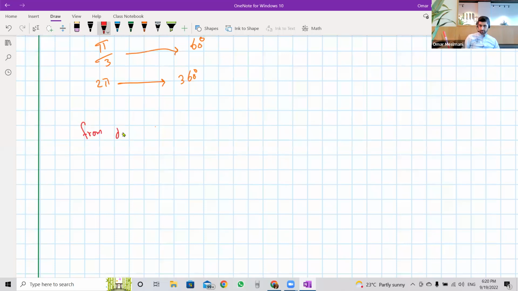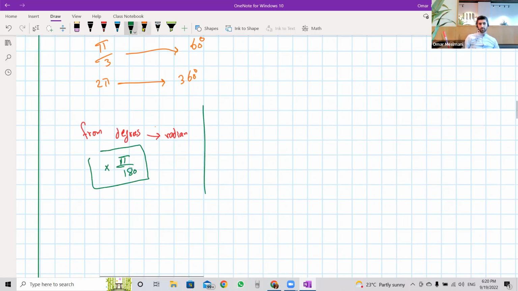From degrees to radian, if he gives you an angle in degrees and asks you to change it to radian, you multiply by pi over 180.